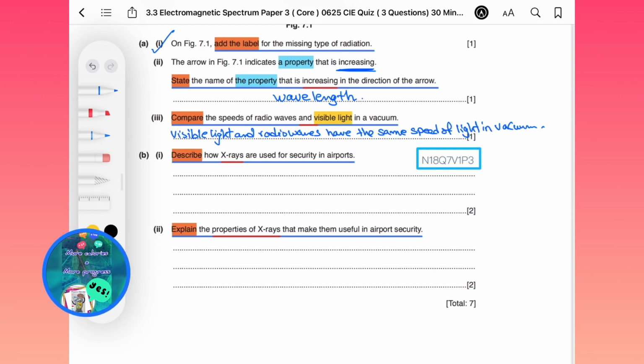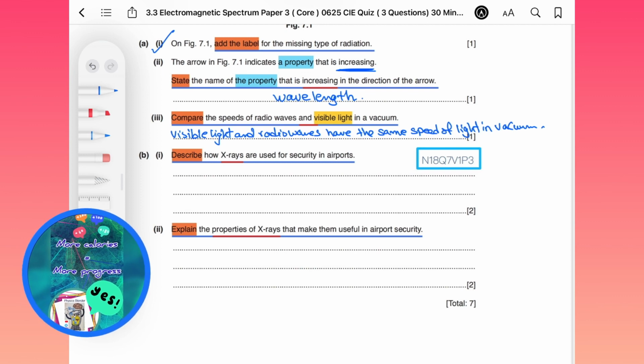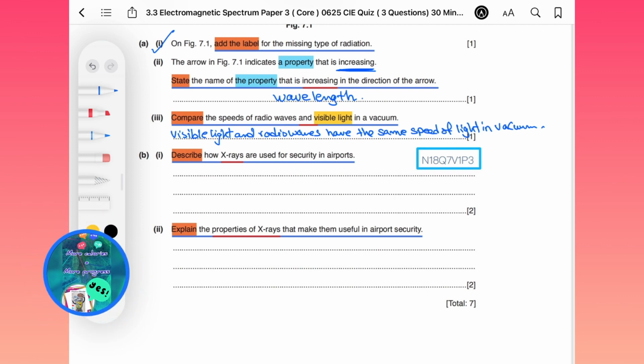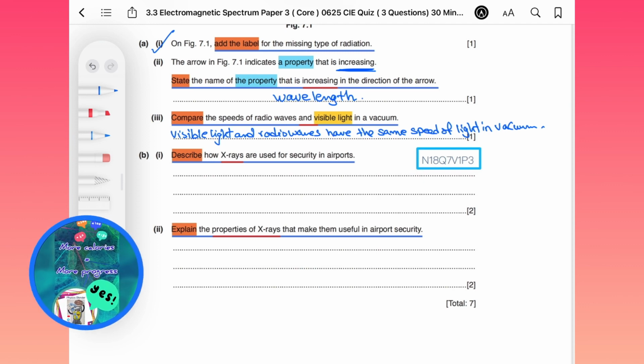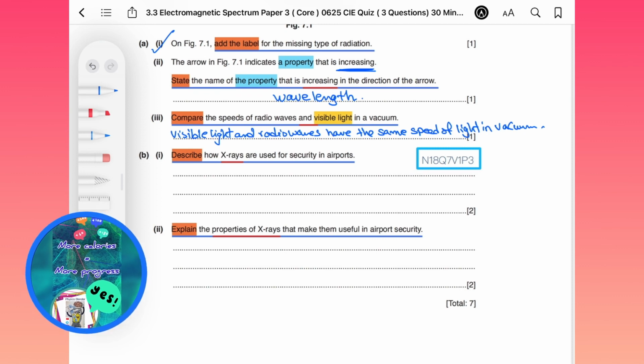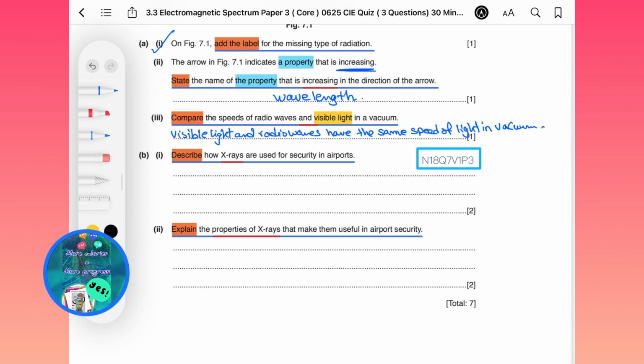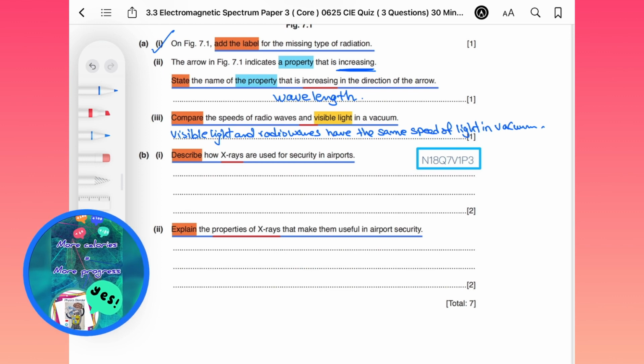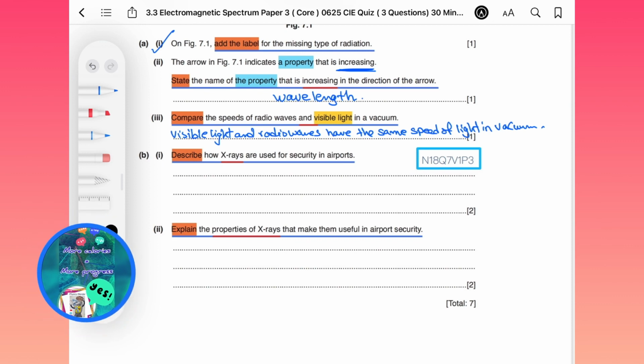Why we are scanning passengers and luggage? To identify if they have any objects that may be hidden by passengers, and you can get an image for these objects on the monitor or on a screen. Okay, so this is how X-rays can be used for security.